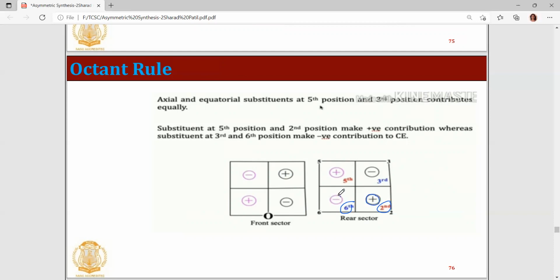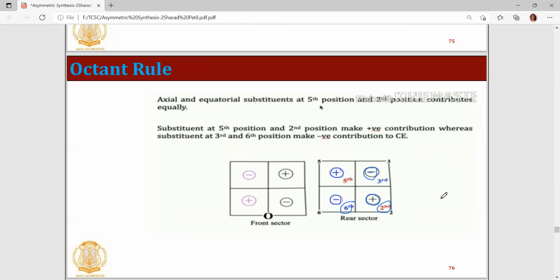And a substituent on the 6th position axial gives a negative Cotton effect. In the same way, when there is a substituent at the third position, there will be a minus Cotton effect, and at the 5 position, there will be a positive Cotton effect.